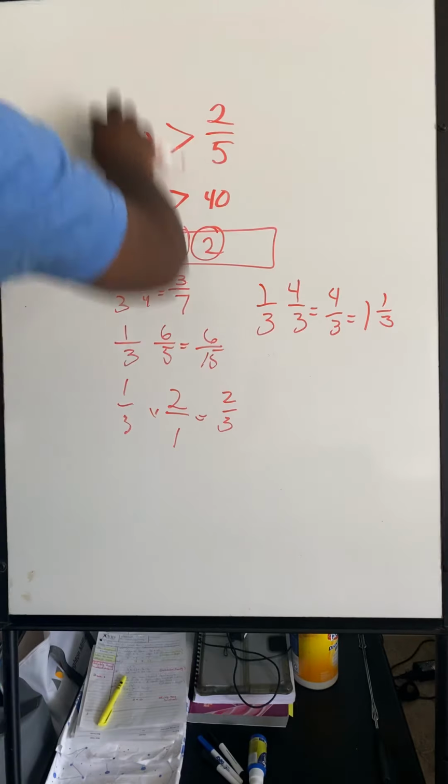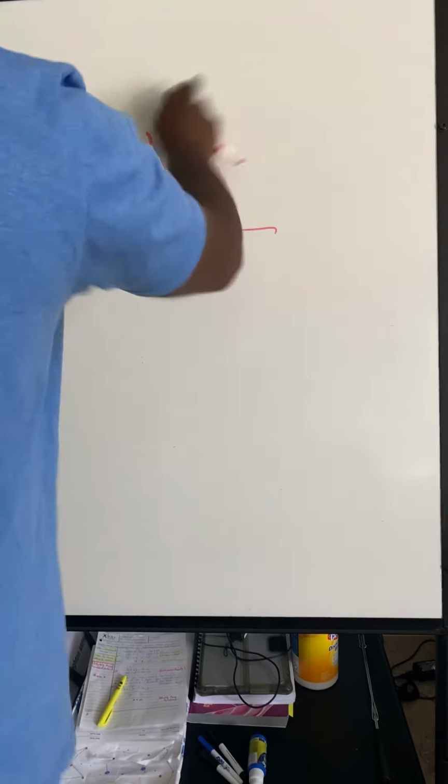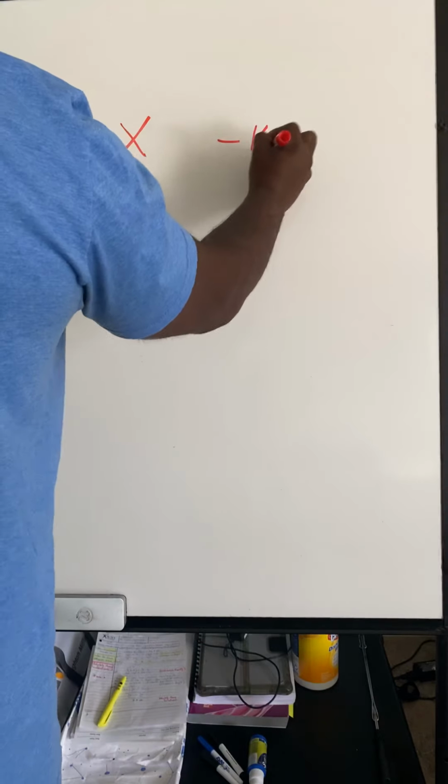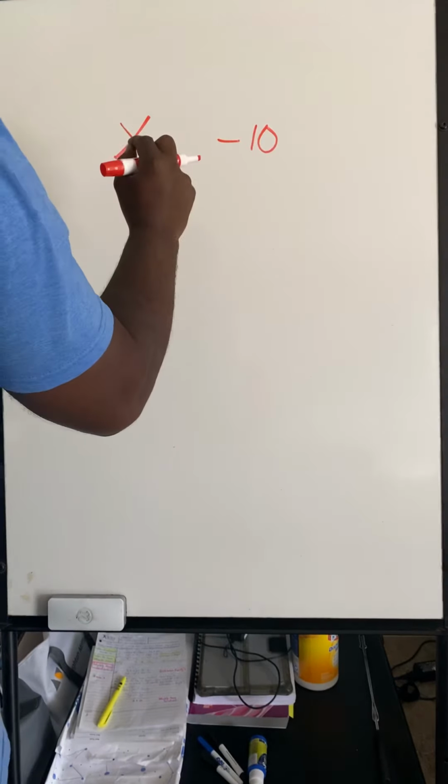Okay, let's go to the next one. We got number 9. Write an inequality to represent each situation. Number 9. The temperature T in a freezer must be at most negative 10 degrees. So at most. So it has to be negative 10 degrees or less.